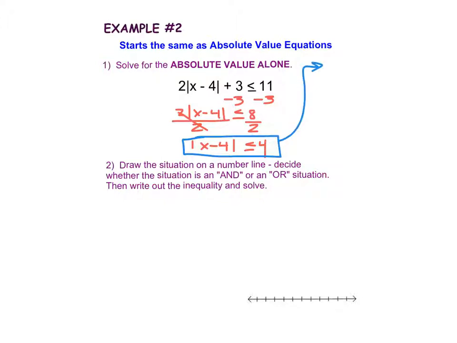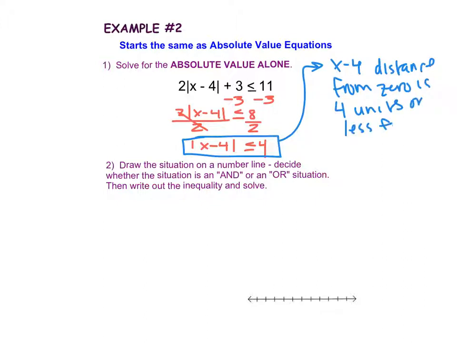Then we're going to think through what this statement means. This statement is saying that x minus 4, its distance from 0, is 4 units or less from 0. So now I have to think of what is the region that is 4 units or less from 0. Here I have 0, here I have 4, here I have negative 4.